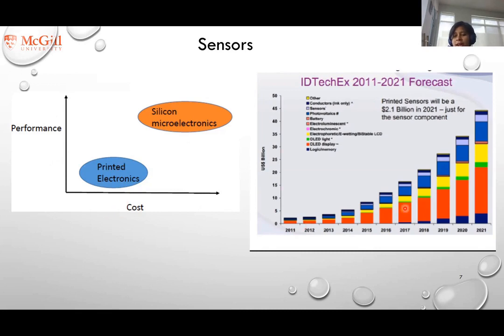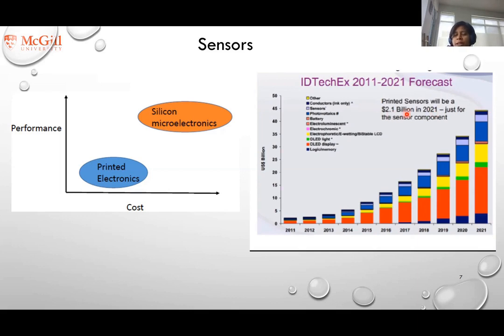So this is a chart provided by IDTechEx, and this is a forecast of how, from 2011 to 2021, printed electronics will flourish. And you can see over time that printed electronics is going to increase in market share, and a big part of that will actually be sensors.